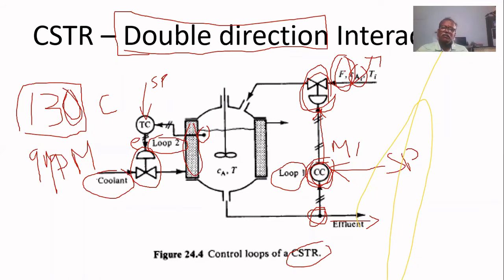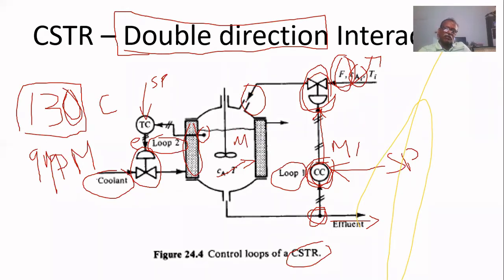If the feed flow rate is adjusted, what will happen? Definitely, there will be a change in temperature. The feed flow rate is manipulated to adjust composition because there is a change in mass inside.